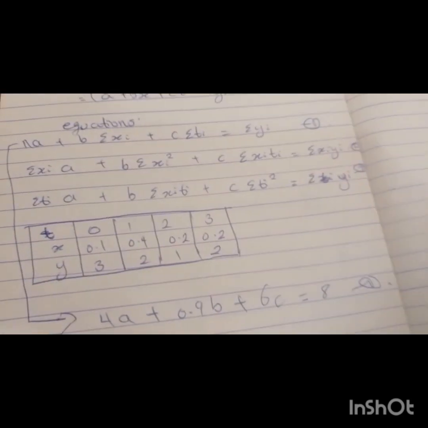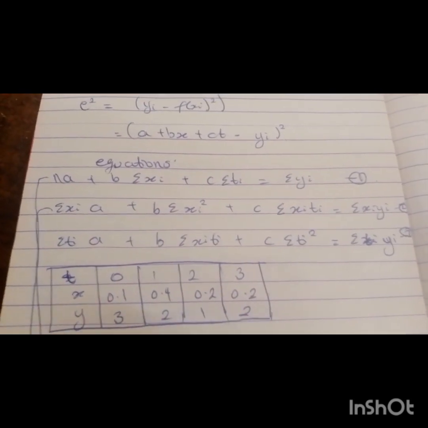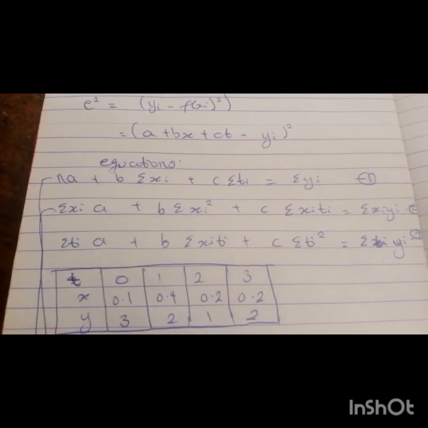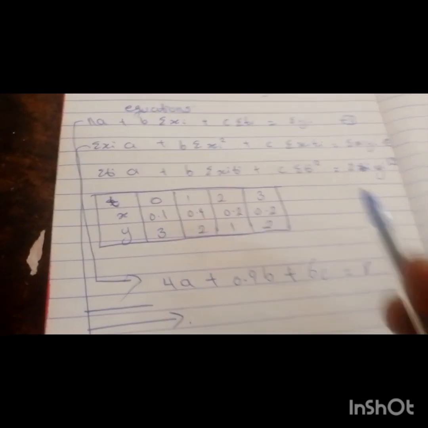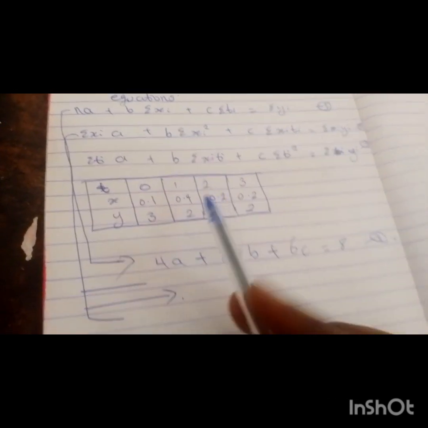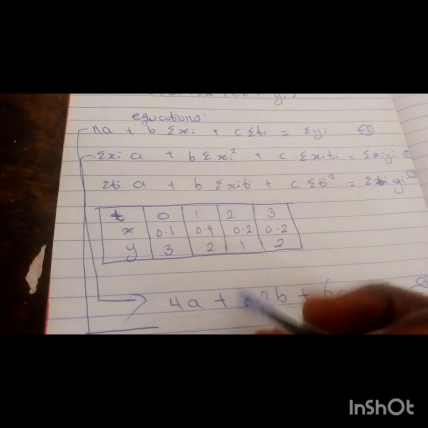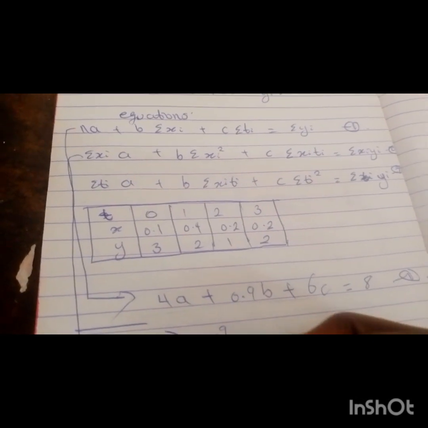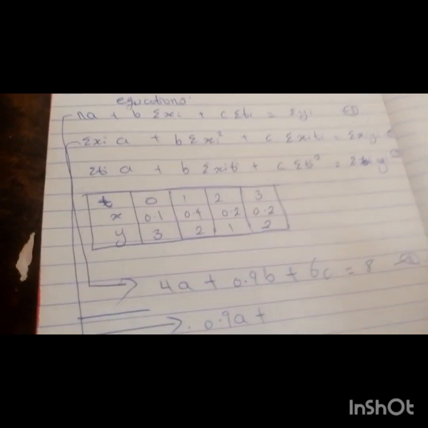Now we need 3 equations, so let's generate the next two. Let me bring that here. So this is going to be our equation 2. Summation of xi, that will be this plus that, that will be 0.9. So 0.9a plus summation of xi squared, right?